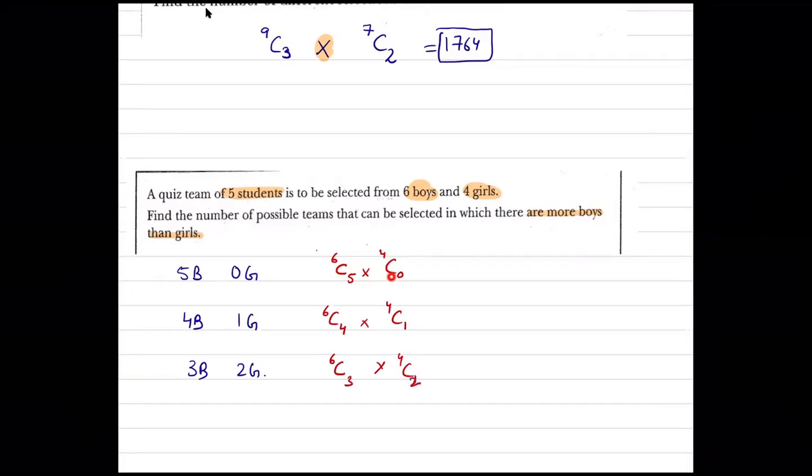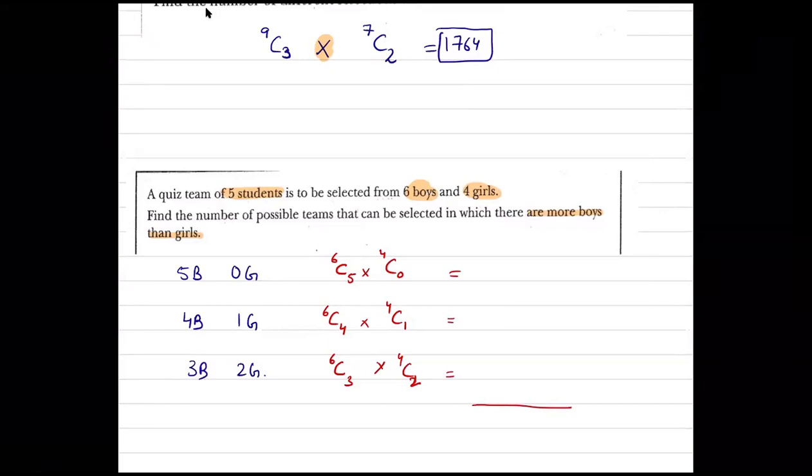Will it matter if I choose girls first and boys next? No, it'll be the same because it's multiplied. It will be the same. So now we are going to evaluate these answers. Since these are the 3 possibility cases, in the end, you're going to add up all the answers.